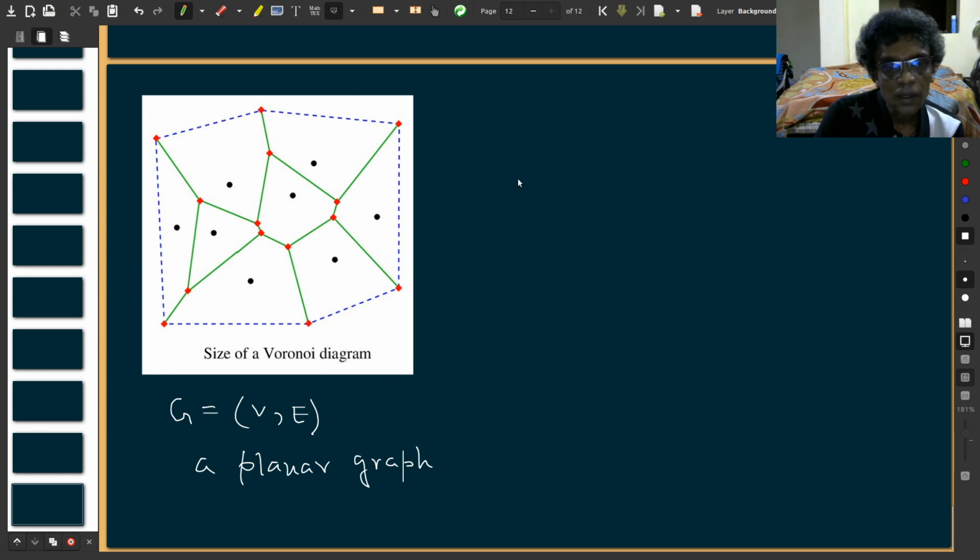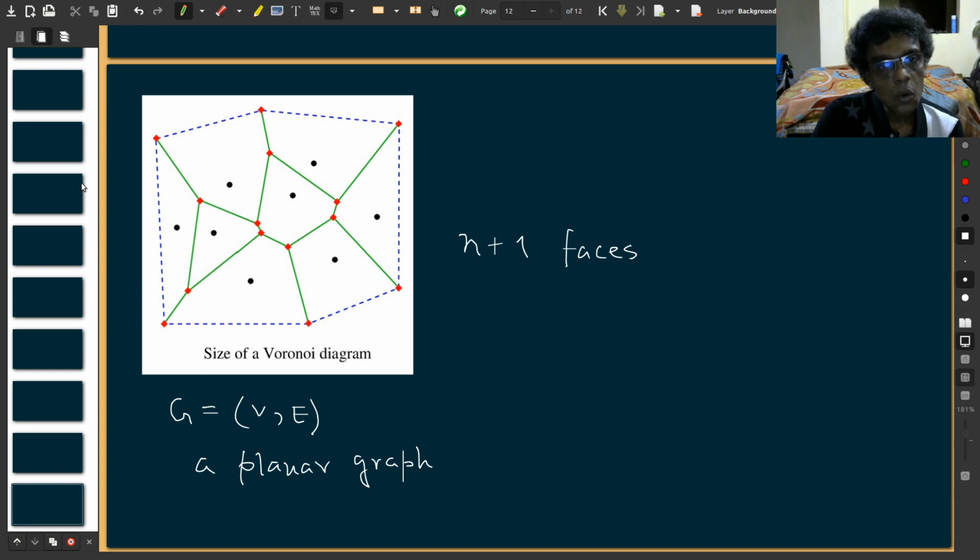Okay. So these regions are called faces. In particular, I have n plus 1 faces. So n faces corresponding to the Voronoi cells of each of the n sites, plus one unbounded region outside.